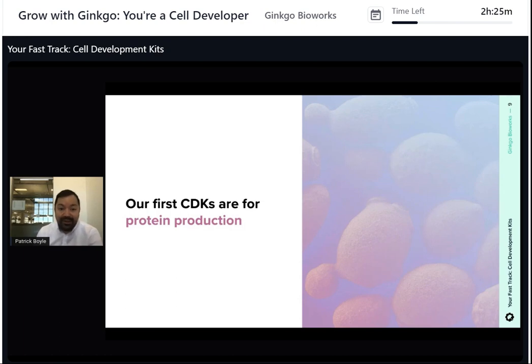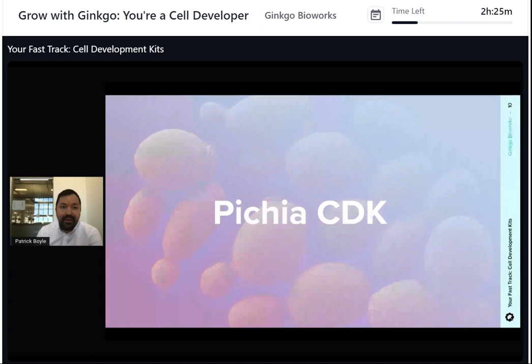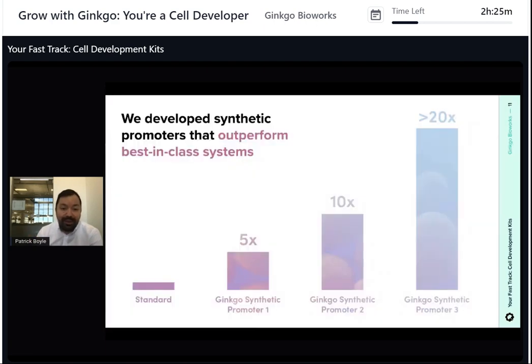The first CDK I'll talk about is our Pichia CDK. I mentioned that for CDKs, what you need is to package together best-in-class parts and tools to enable us to get these programs off the ground more quickly. Other folks after the break will be giving you more detail here, but as an example, we had to develop better promoter systems. The standard promoter system in Pichia was not something we wanted to use for a range of reasons, including the need to use methanol induction.